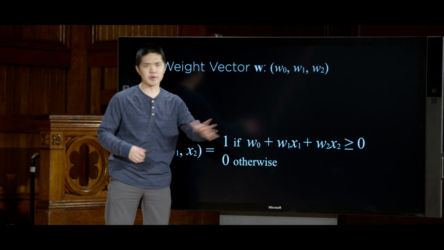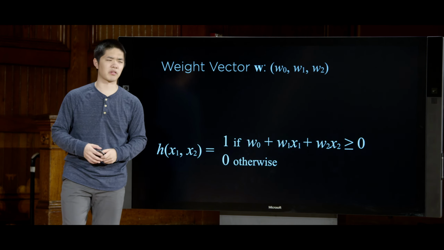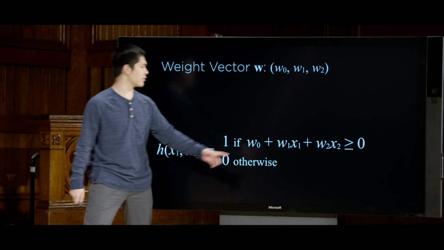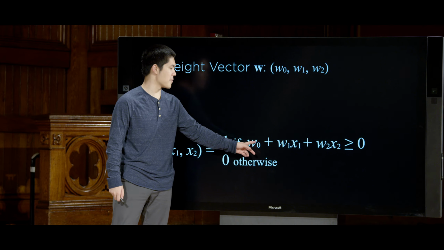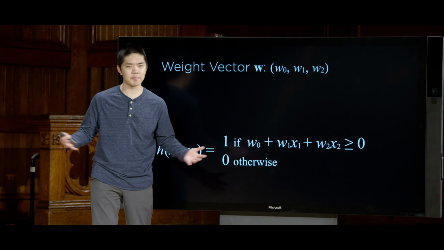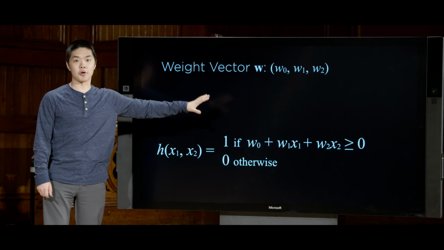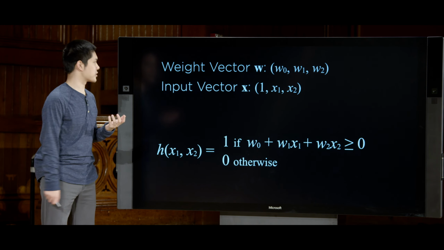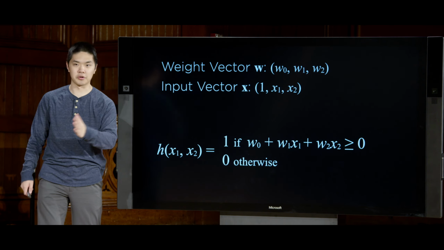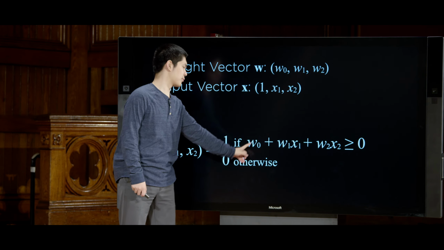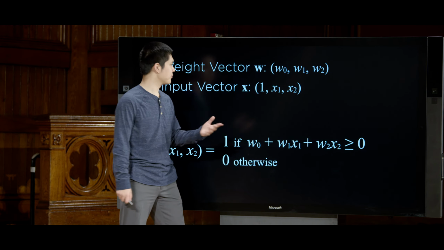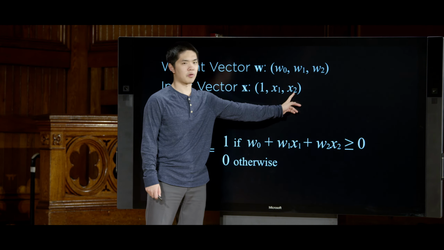But to make sure the vectors are the same length, and we'll see why that's useful in just a second, we'll go ahead and say w0 is being multiplied by 1, because you can multiply something by 1 and you end up getting the exact same number. So in addition to the weight vector w, we'll also have an input vector that we'll call x that has 3 values: 1, again because we're just multiplying w0 by 1, and then x1 and x2.